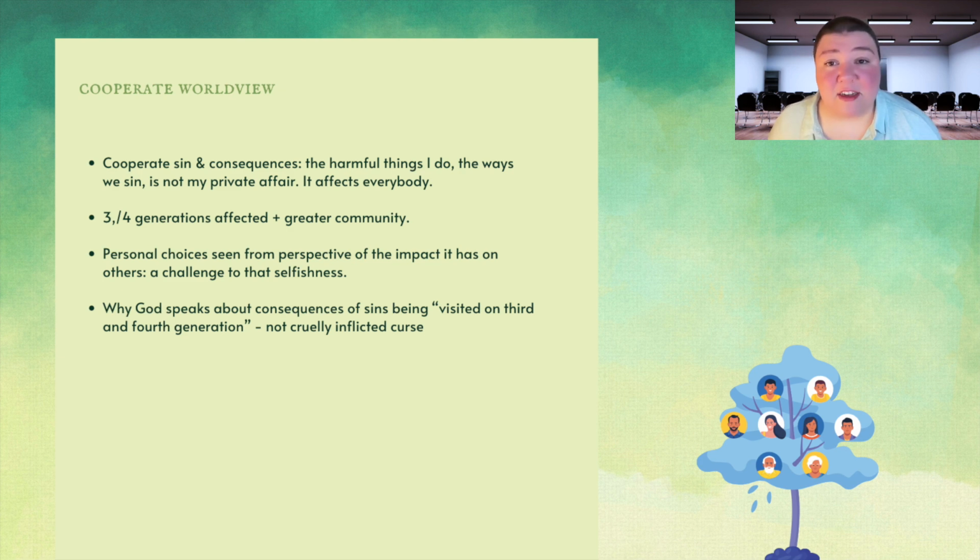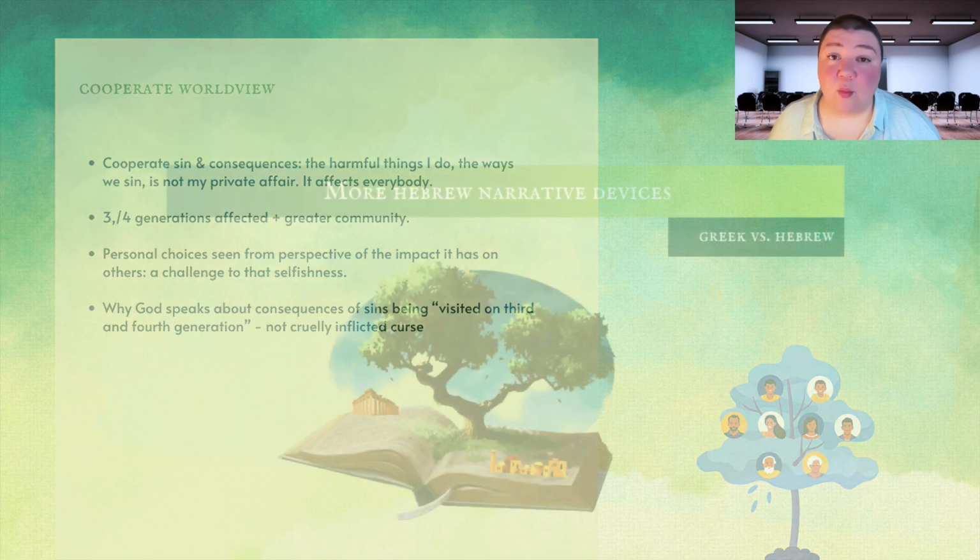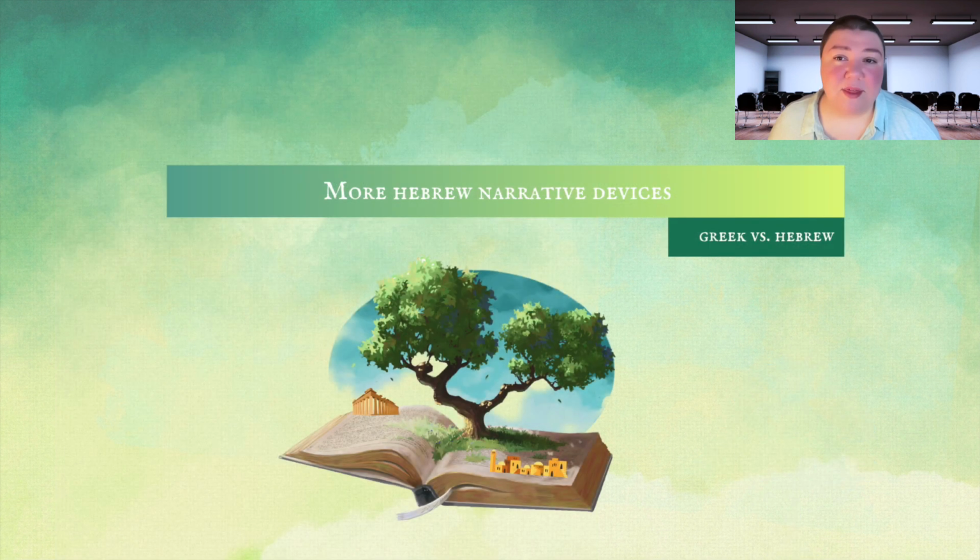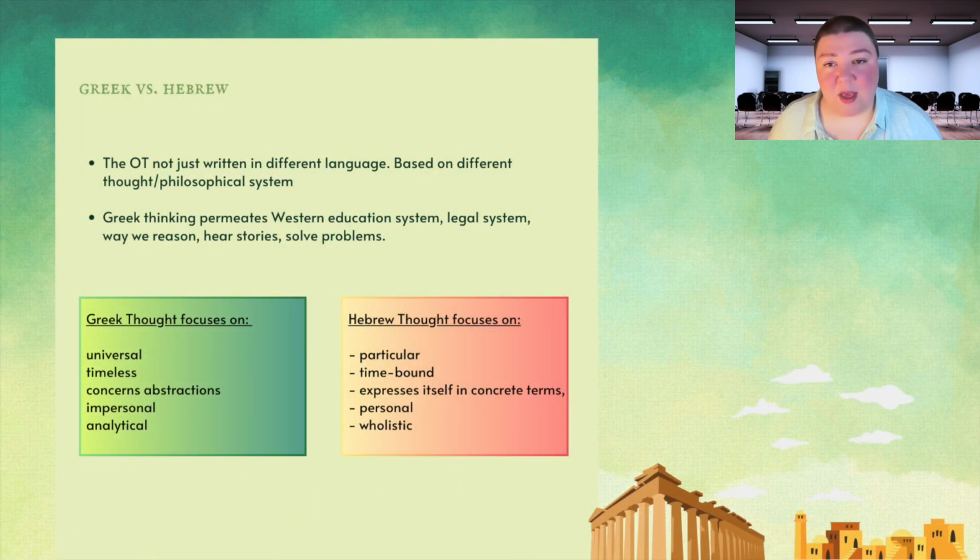Now, for our next point, we expand a bit on something we've already touched on, Greek thinking versus Hebrew thinking, West versus Near East, if you will. We've said that Hebrew narrative existed and grew out of the context of Hebrew thought and Hebrew worldview. So the Old Testament is not just written in a different language, and it's not growing out of Western thought or Hellenistic Greek thought.